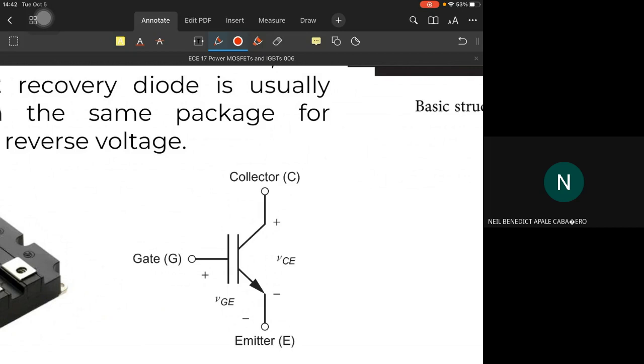Its terminals, you notice, are borrowed from both transistors. Where the current flows, from collector to emitter, looks like a BJT. But the applied quantity is voltage.